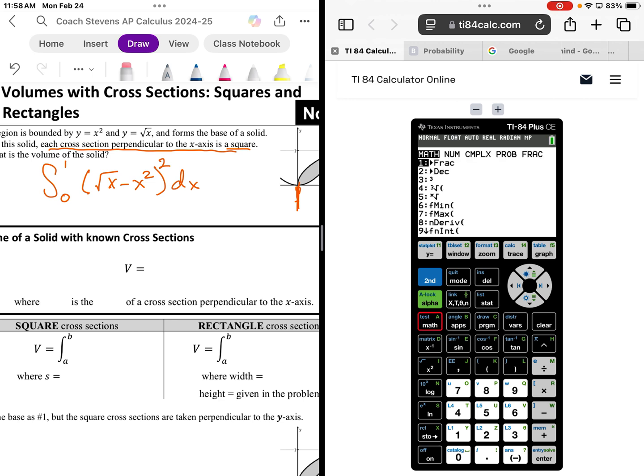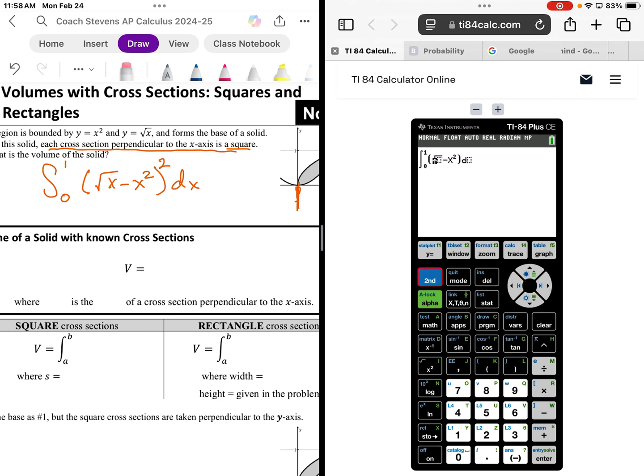So Math 9 from 0 to 1 of, inside of here, we got the square root of x minus x squared. And then I'm going to back up and say, you know what? I need to square all that. So I'm going to put an extra set of parentheses in there. Ooh, it didn't like that.